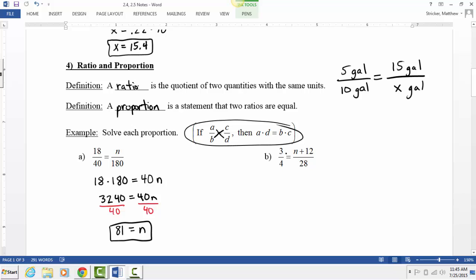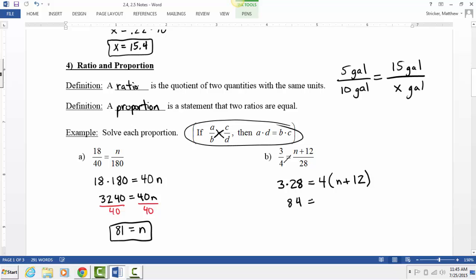We take 3 times 28, write that on one side of the equal sign, is equal to 4 times (n plus 12). When we multiply by n plus 12, we have to put that in parentheses because there's two terms there, which means we will have to distribute. 3 times 28 equals 84.